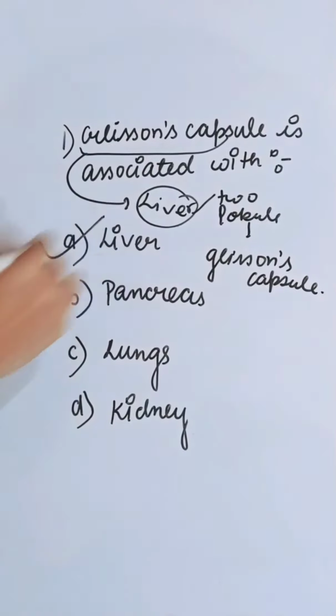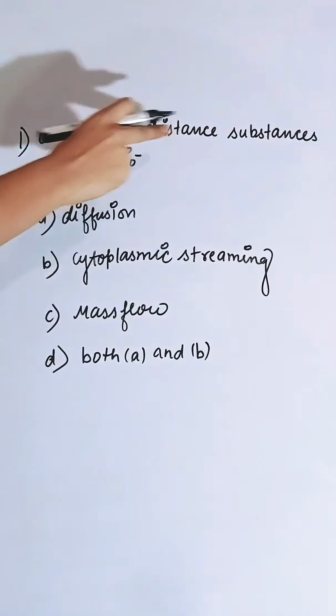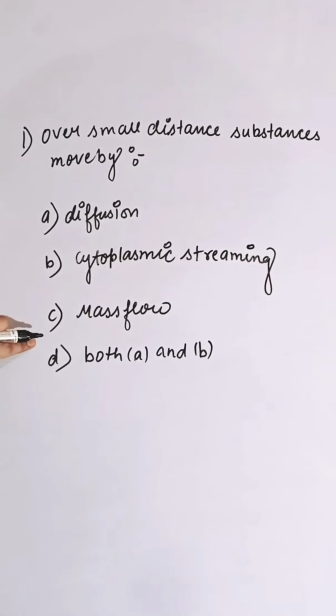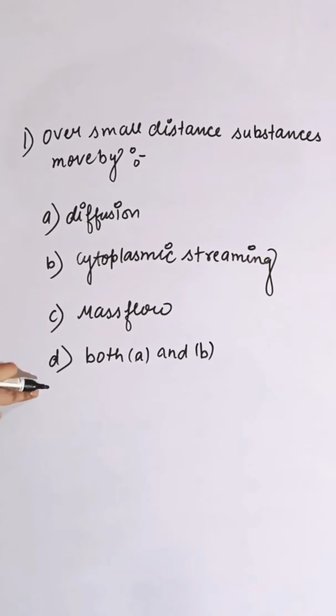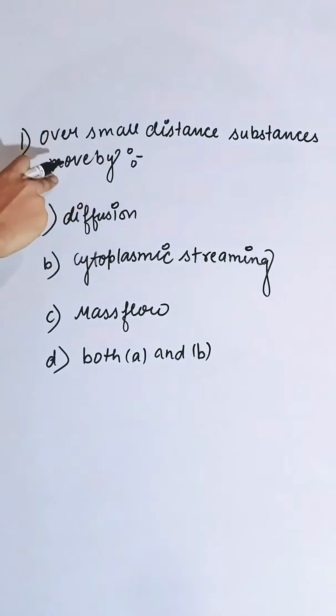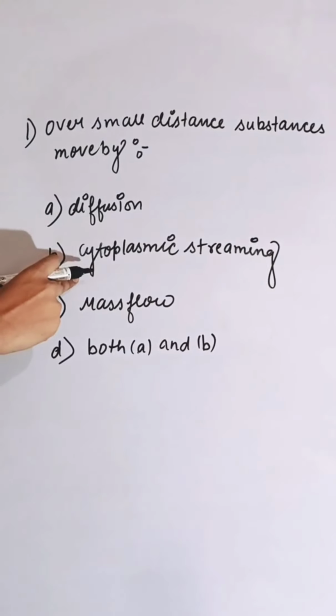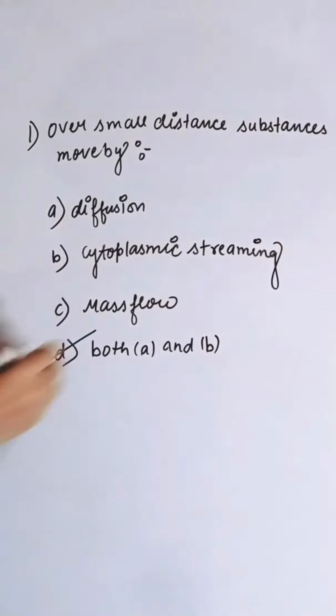Correct answer is liver. Over small distance substance moves by first option diffusion, second is cytoplasmic streaming, third is mass flow and fourth is both A and B. Over small distance substance is moved with the help of diffusion and cytoplasmic streaming. So correct answer is D.